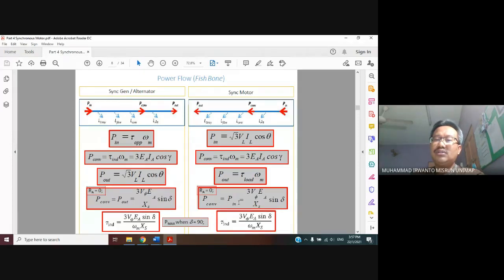Now so the power is equal to 3 multiplied by phase voltage multiplied by internal generated voltage over XS, sin delta. Sin is at its maximum, meaning 1, when delta is 90 degrees. So the maximum power is equal to 3 multiplied by phase voltage multiplied by internal generated voltage over XS only.